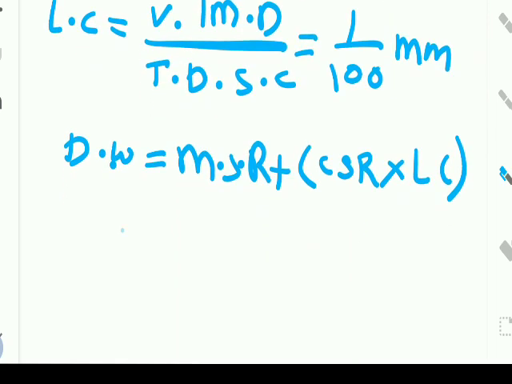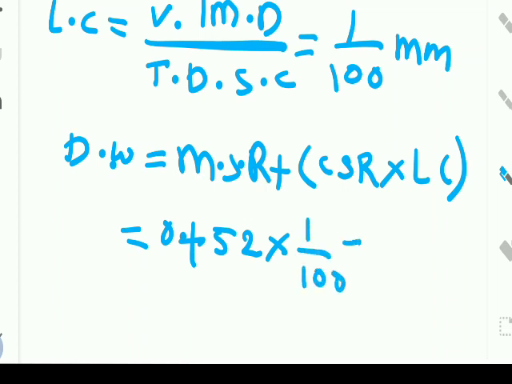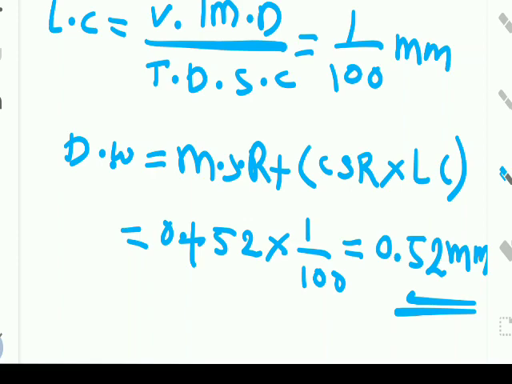So main scale reading 0 plus 52, circular scale reading 52 by 100 is equal to 0.52 mm. It is a very easy question.